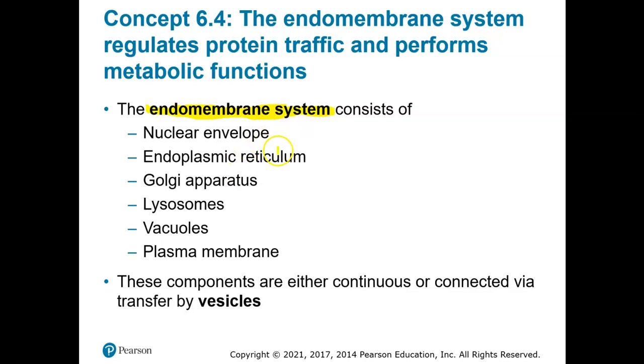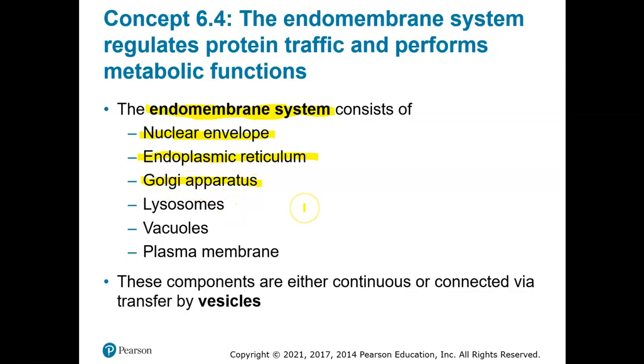The endomembrane system begins with the nuclear envelope. Attached to the nuclear envelope is the rough ER, which synthesizes proteins, and then the smooth ER, which synthesizes lipids. Outside of the ER is the Golgi apparatus, which packages up the products of the endoplasmic reticulum into vesicles.